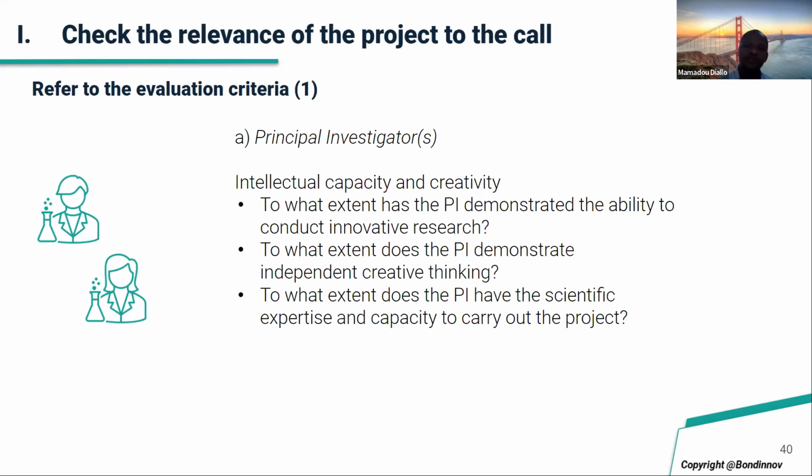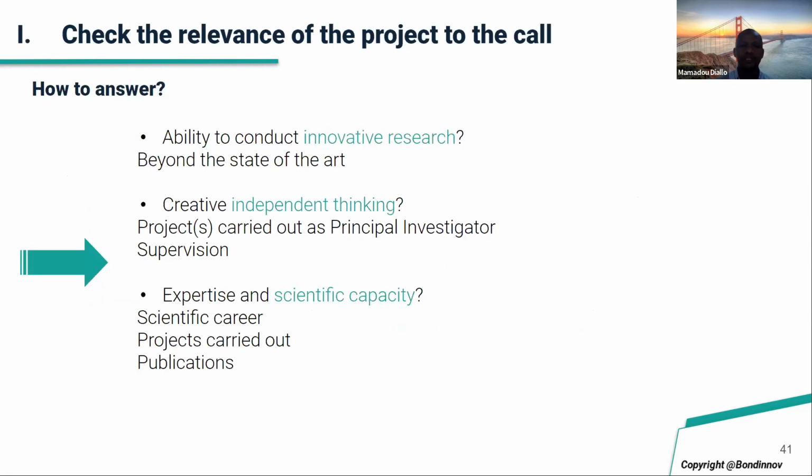Because remember also, you have to join your publications. You can join publications, reports, etc. on your previous projects that can justify that you have run projects, you have experience in running projects. So how to answer? Ability to conduct innovative research beyond the state of the art. State of the art means the research you have done in publications, gray literature, and literature from databases.